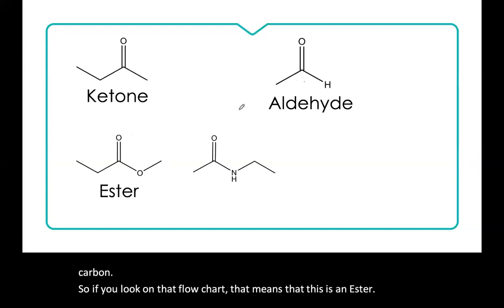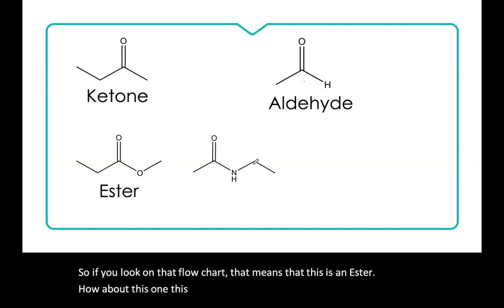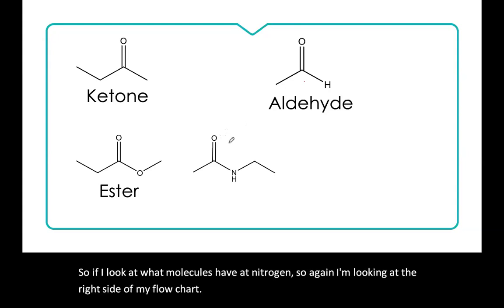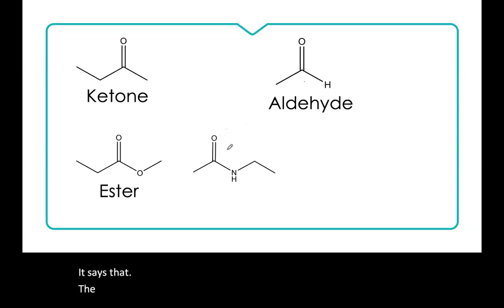How about this one? Ooh, this one has an oxygen and a nitrogen. So if I look at what molecules have a nitrogen, so again, I'm looking at the right side of my flow chart. It says that the carbon atom that is doubly bonded to the oxygen here is also bonded to the nitrogen.